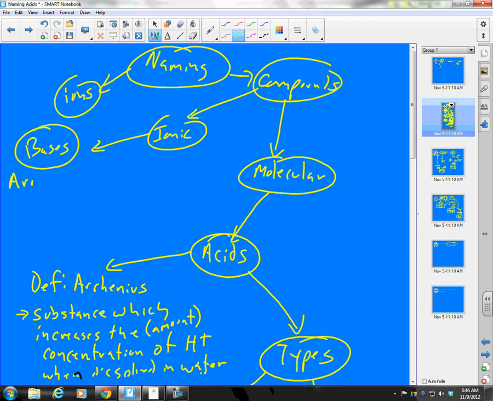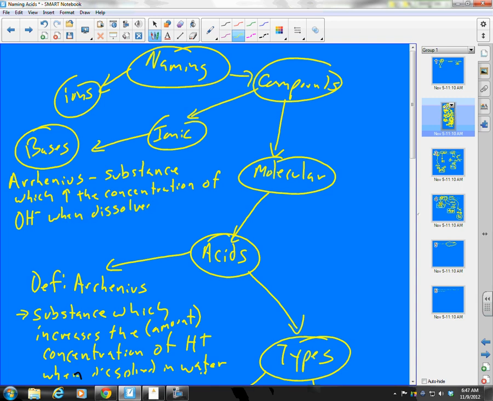Well, according to my Arrhenius definition, it is a substance which increases the concentration of not H plus, but OH minus when dissolved in water. Okay?